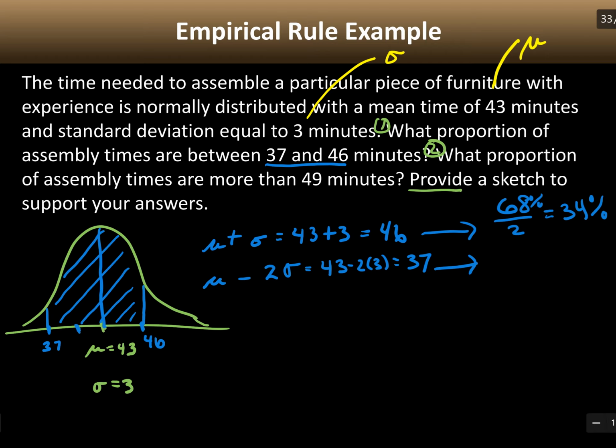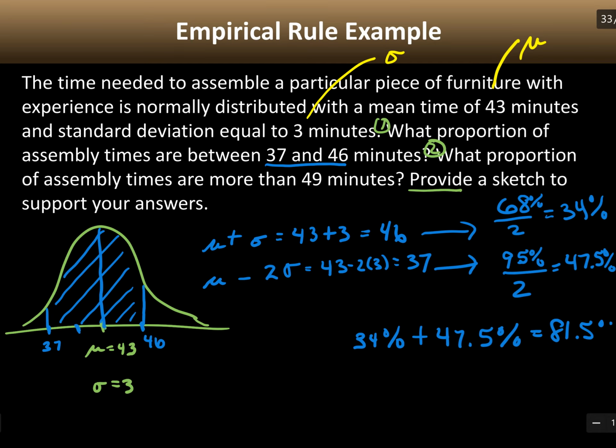And this is how far we are below the mean. From 43 to 37, we're 2 standard deviations below. So that's the 95% part of the rule. So divide that by 2, we get 47.5%. If we add those two areas up, we would have 34% plus 47.5% gives us 81.5%.